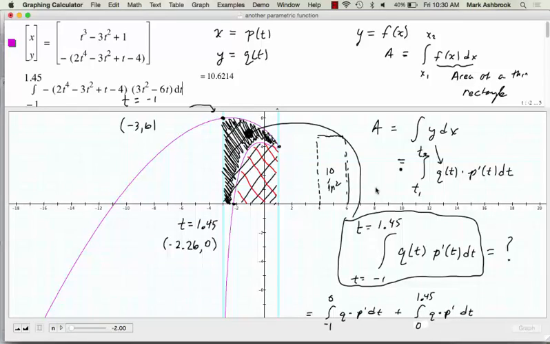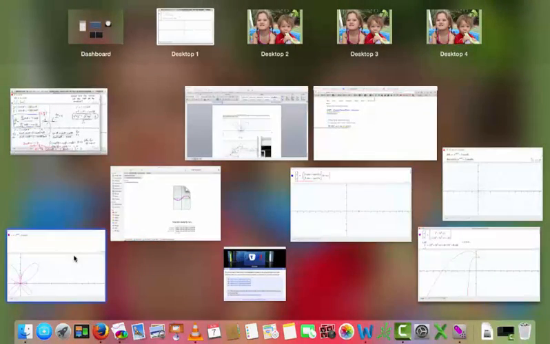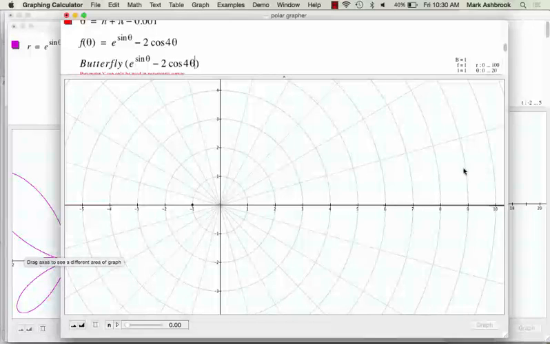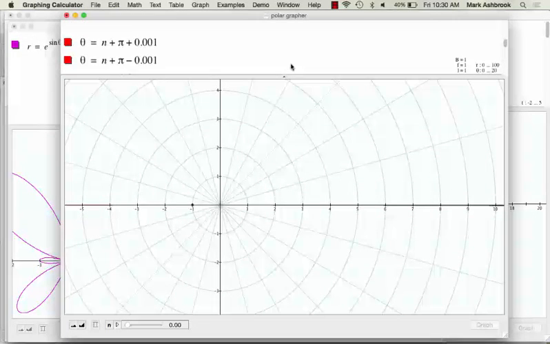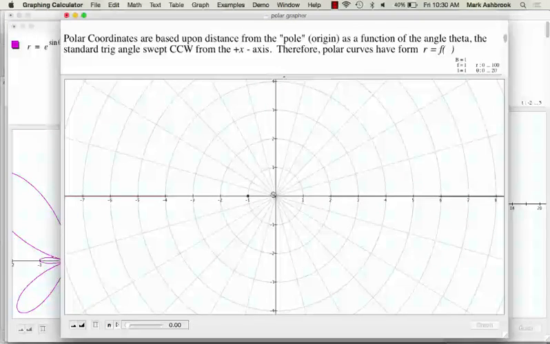Okay, so let's move on to polar coordinates. Polar coordinates are a different way of locating points in the plane. So what are we used to?